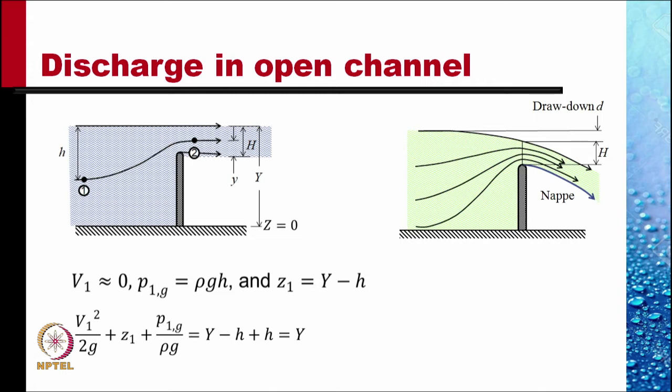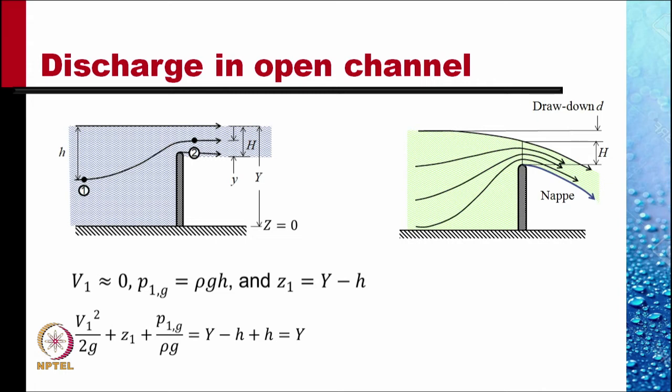The pressure at point 1, if the velocities there are much smaller, then the pressure distribution vertically within the main channel can be considered to be hydrostatic, so that the gauge pressure at point 1 can be written as rho g H. The elevation Z1 is capital Y minus H, where capital Y is the total height of the flow in the channel, and H is the depth of point 1 from the free surface.